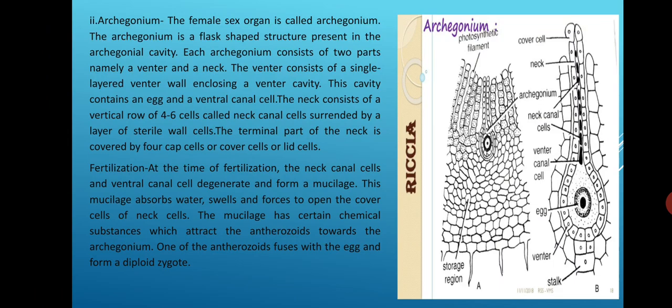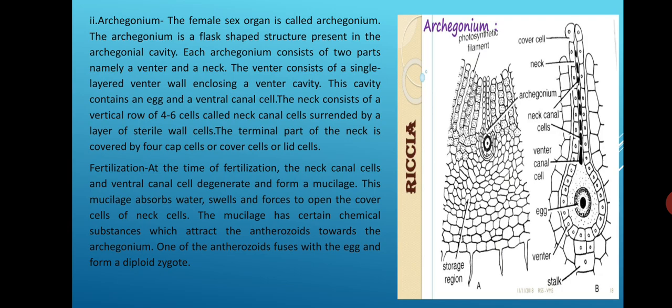Next, friends, we discuss another sex organ, that is the archegonium. The female sex organ is called the archegonium. The archegonium is a flask-shaped structure present in the archegonial cavity. Each archegonium consists of two parts, namely the venter and a neck. The venter consists of a single layered venter wall enclosing a venter cavity.